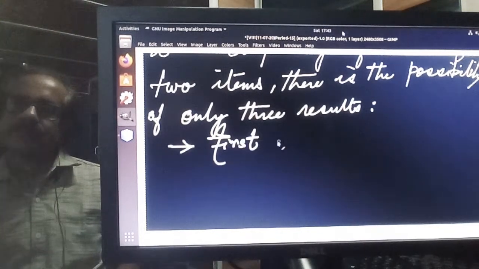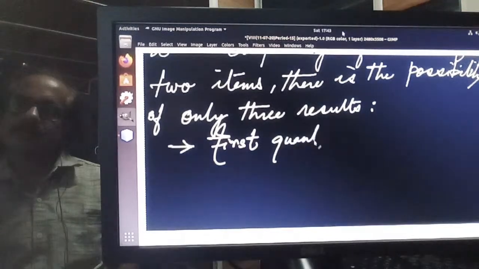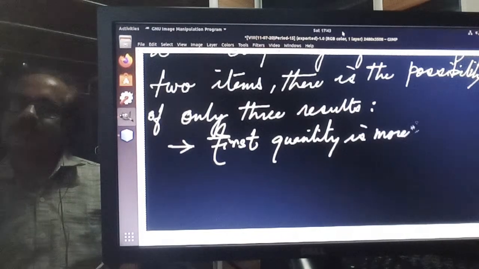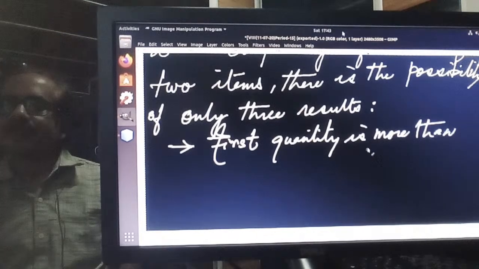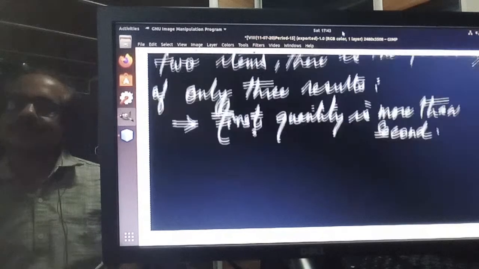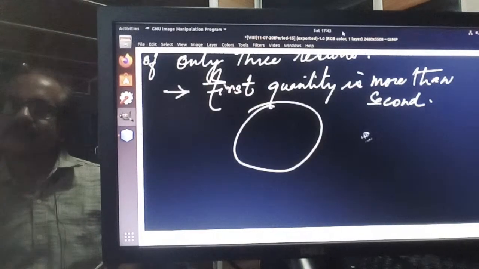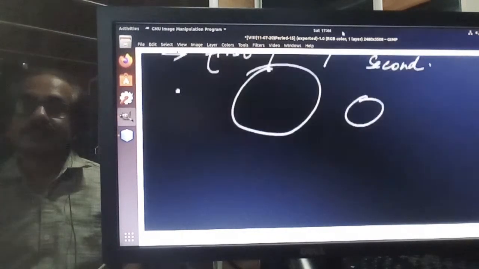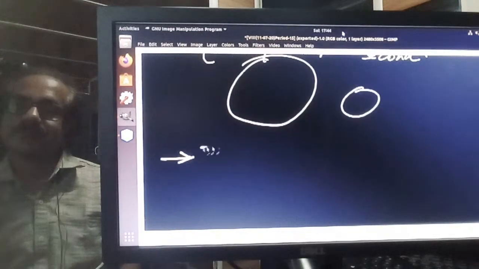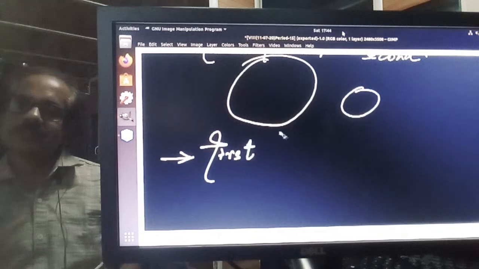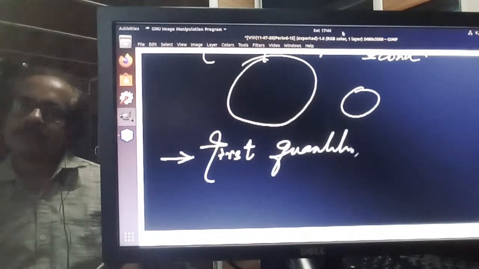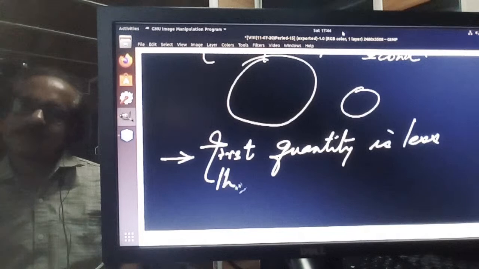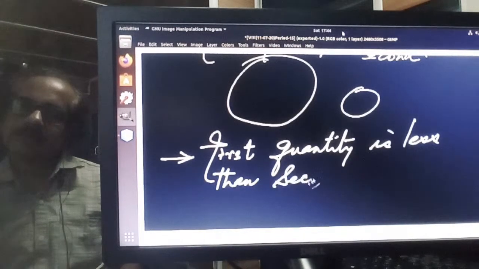First, the first quantity is more than the second, that is, bigger. The second possibility: the first quantity is less than the second.